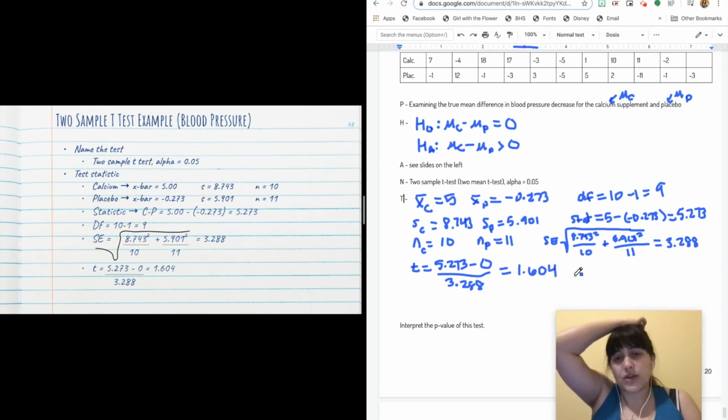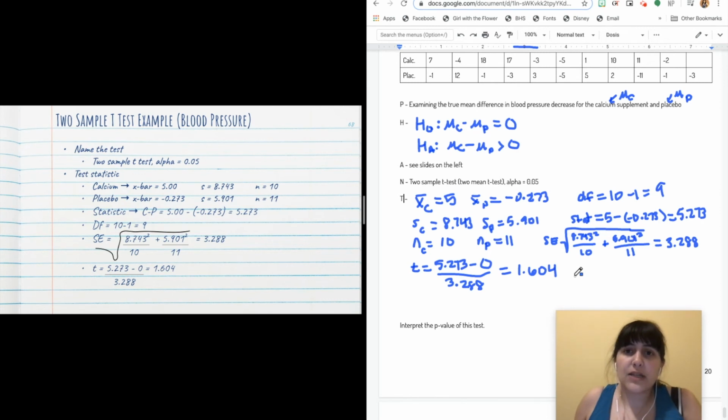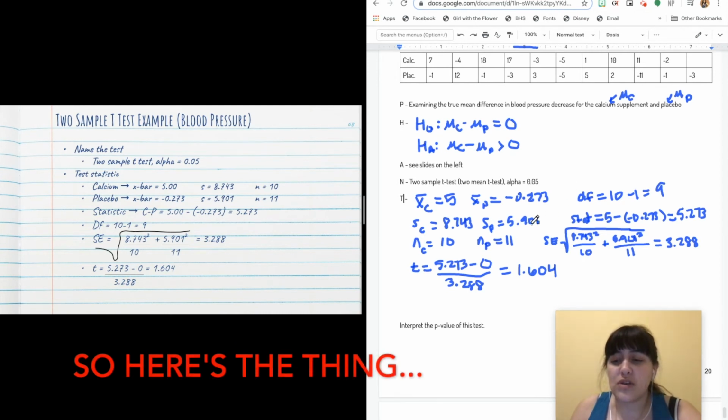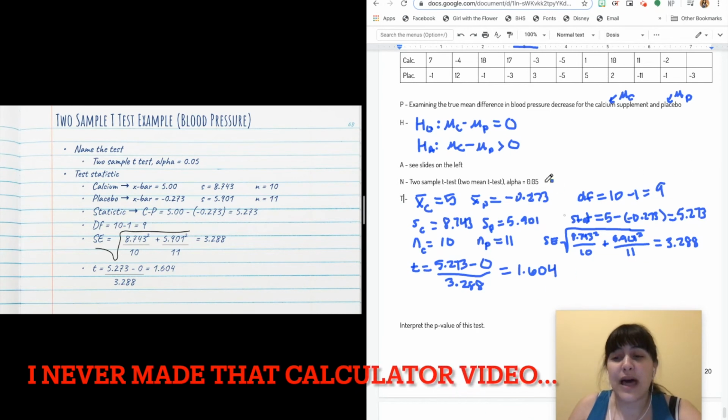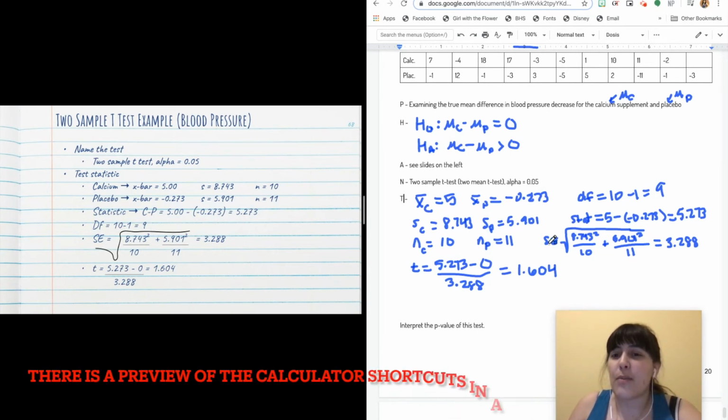Okay, so just as a reminder, you don't need to use the t-table for this. You're calculating most of this by hand. And I am going to post a video for you guys a little bit later that shows you how to get the calculator to do a lot of this math for you. It'll run the test for you, so you don't have to do it by hand.